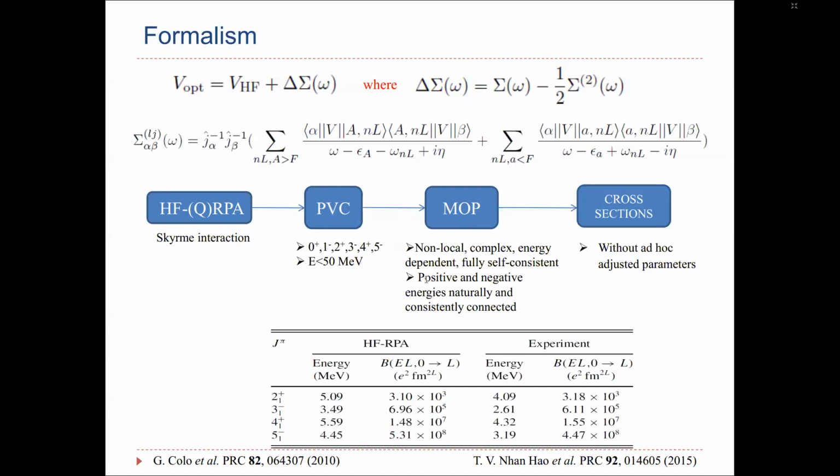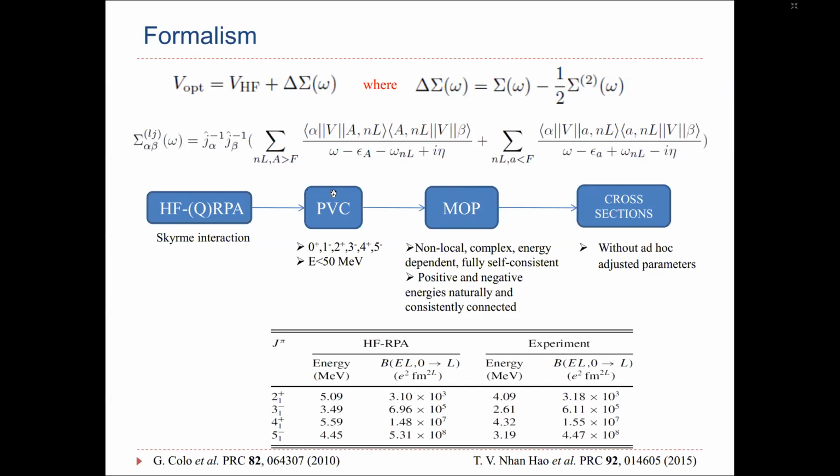For example, you know that the dispersive optical potentials are fitted at positive energy, and to describe the negative energy, they do an extrapolation. But in our approach, because we use a nuclear structure approach, the positive and negative energy are naturally and consistently connected. So when we want to calculate the imaginary part at negative energy, we just change the energy. We don't need to do any extrapolation.